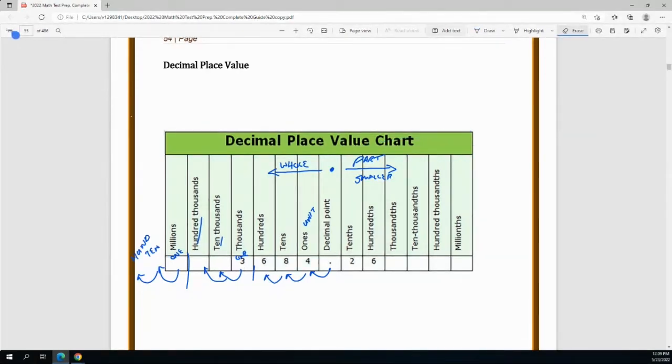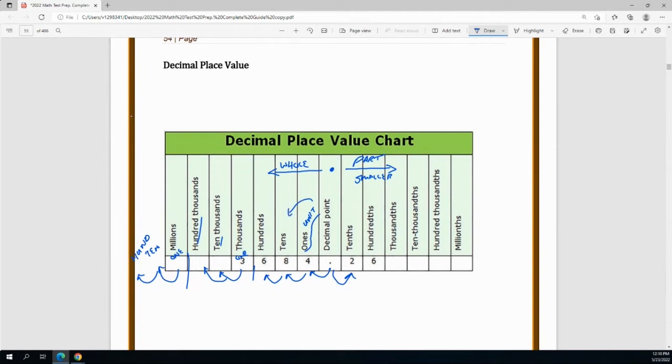So let's talk about how you name the decimal place value spots. It's actually going to be the same pattern that you moved as you went from the decimal point to the left. The pattern is going to remain the same as you move from the decimal point to the right, except for the first spot. The first spot is not called the ones or the units. They actually skip that.